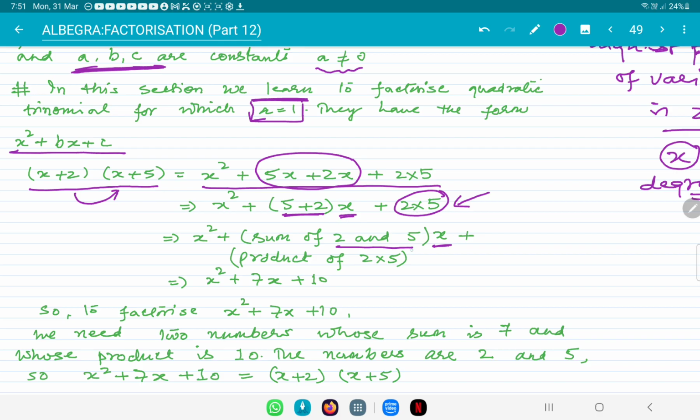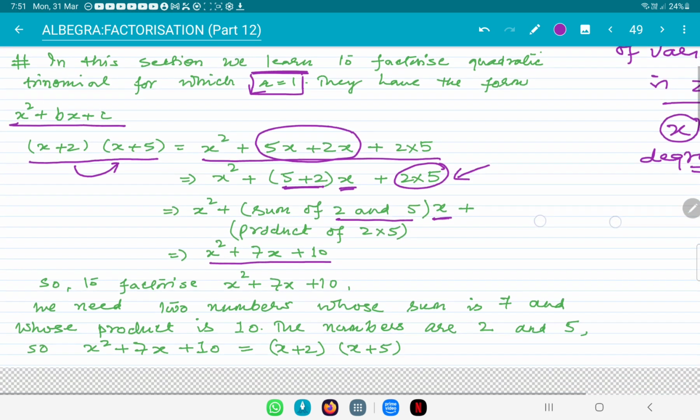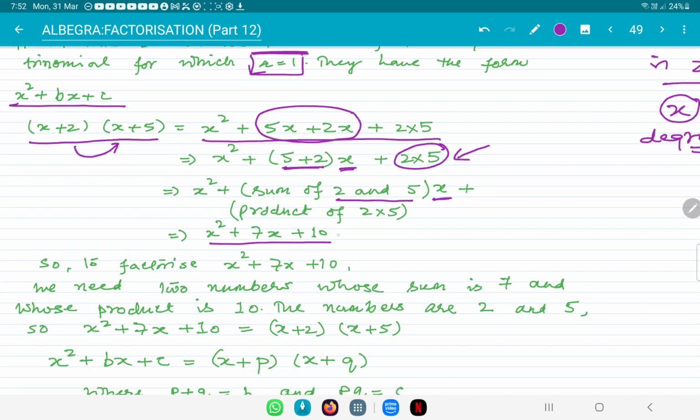By doing this we get x square plus 7x plus 10. In other words, x square plus 7x plus 10 can be factorized in terms of this. How can we factorize it?